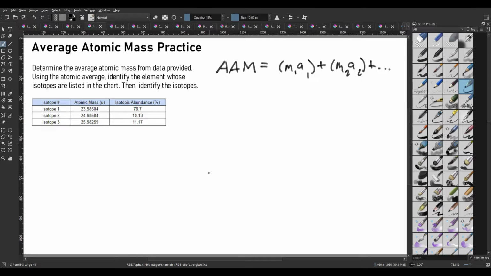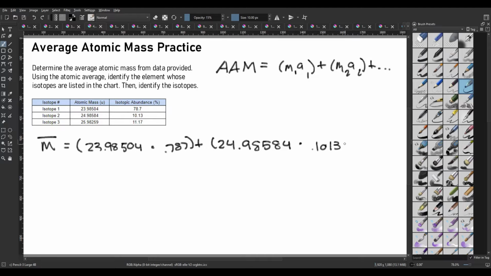So we have 3 isotopes here we're going to have to do this for. So average atomic mass, we're just going to write this as m with a vinculum over it, that just means average, so m bar, is going to equal the atomic mass of 23.98504 multiplied by 78.7 divided by 100, which is just 0.787, plus 24.98584 multiplied by 0.1013.